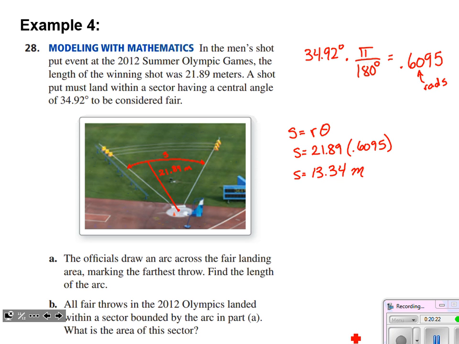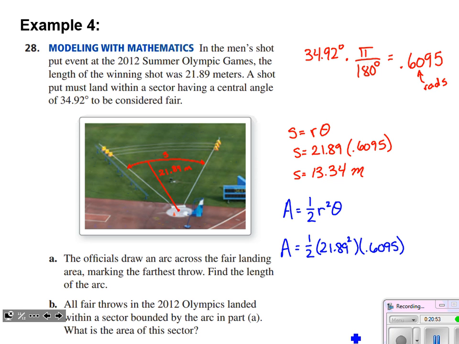Okay. Letter B says all fair throws landed within a sector bounded by the arc in part A. What is the area of this sector? Well again, that radian angle is going to be crucial because our area is 1/2 r squared theta. So in this case, that's 1/2 times 21.89, that's our radius, squared, times that 0.6095.